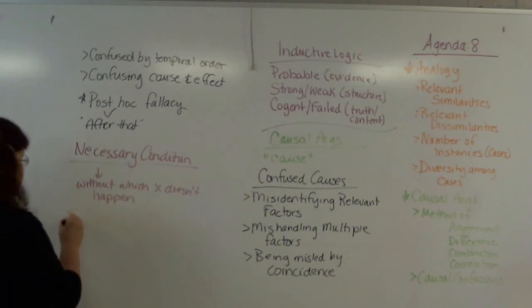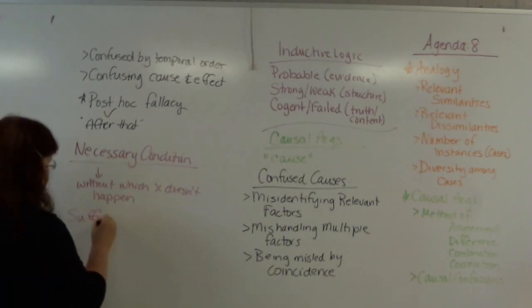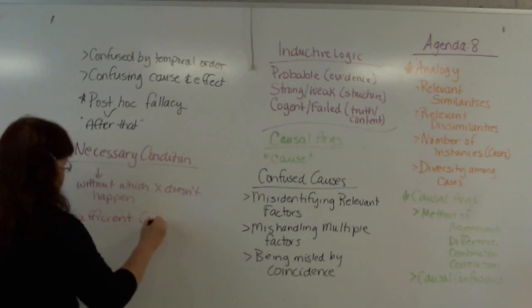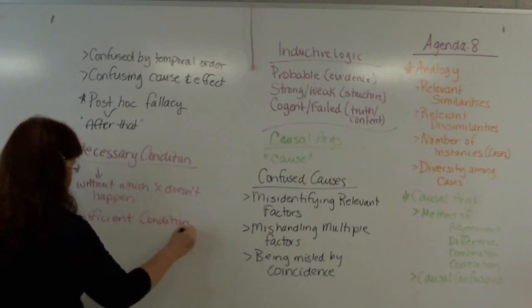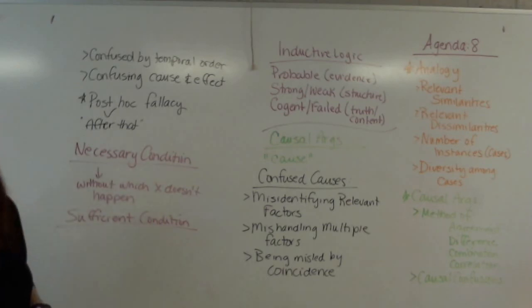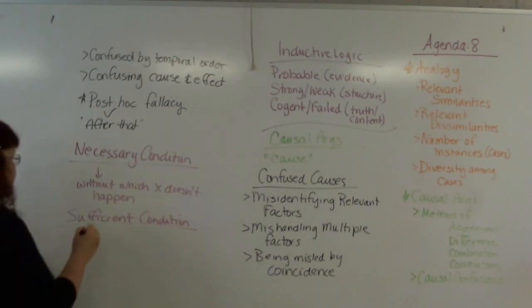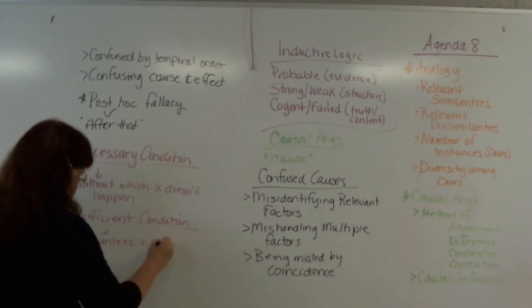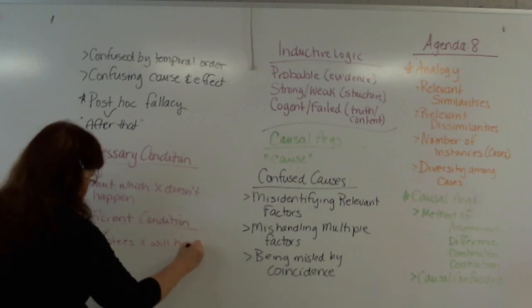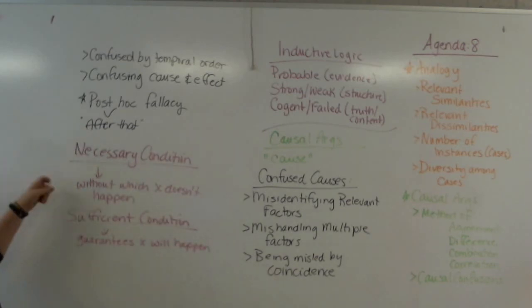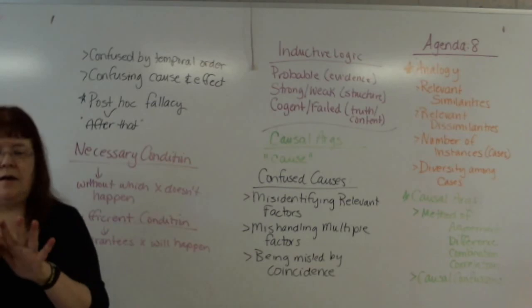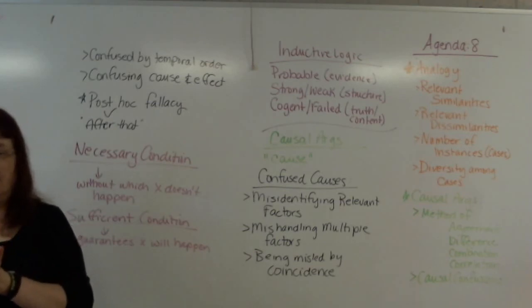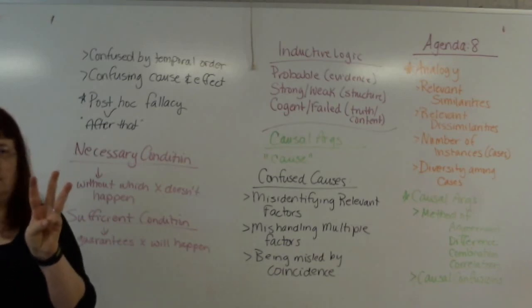The other one is this idea of a sufficient condition. My sufficient condition guarantees X will happen. In the previous example, I have gasoline at a high temperature, oxygen present, we're going to have a fire.